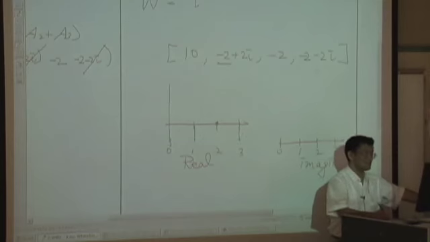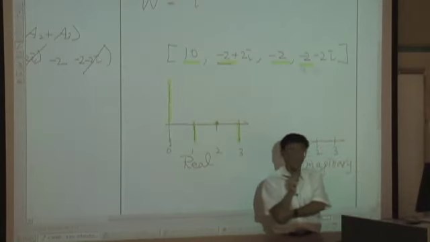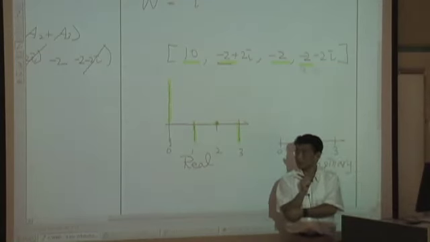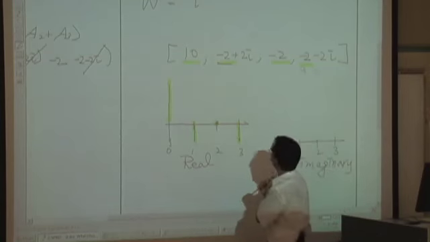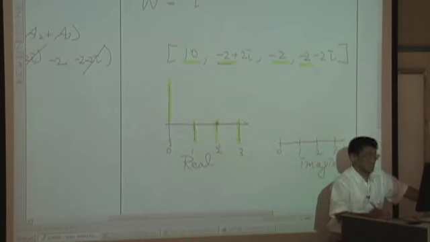So I will use this thing: 10, negative 2, 0, negative 2. So I extracted this portion. Do you follow me? So this is the real spectrum. And the imaginary spectrum, yes? Oh, thank you, negative 2. And here, I will also erase this thing, but we may need to.